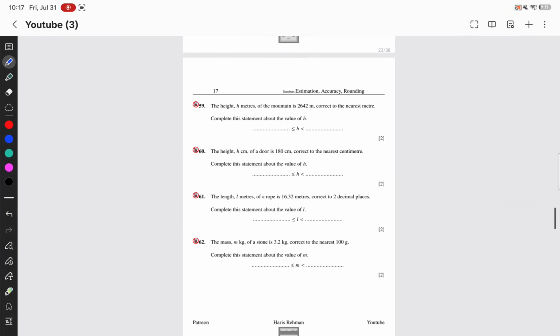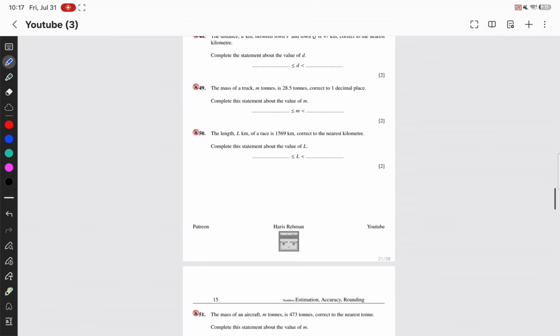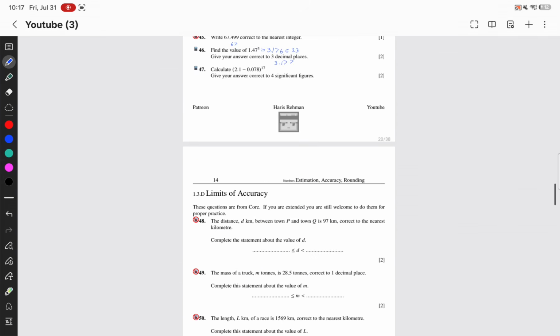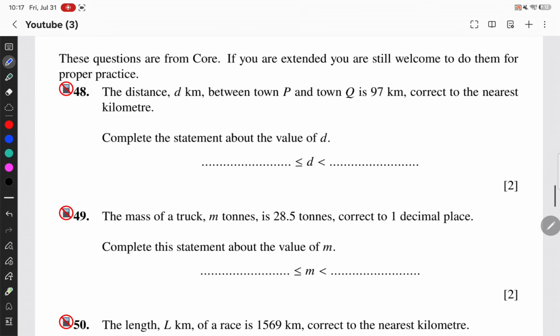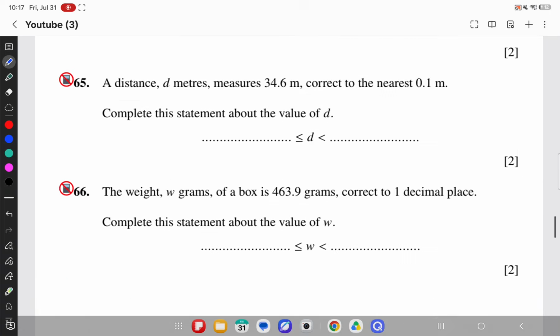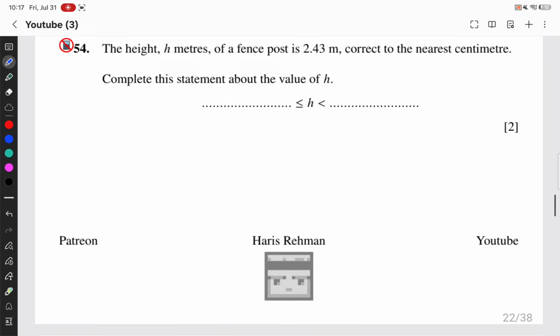So if you're extended, you may do core for building your core, but if you are normal core, then you may only do these questions, because working with upper bound and lower bound isn't in the core syllabus, but extended students have to do the extended questions also. I'm sorry, it's just the way it is.